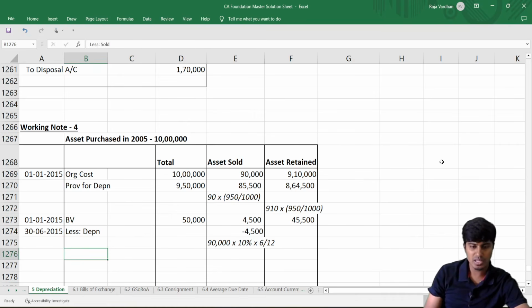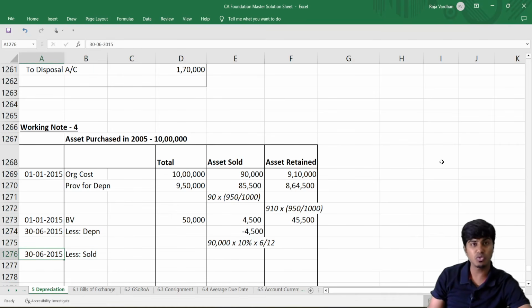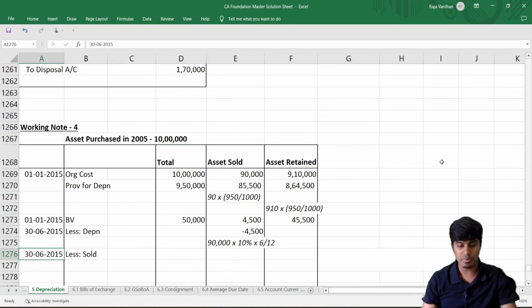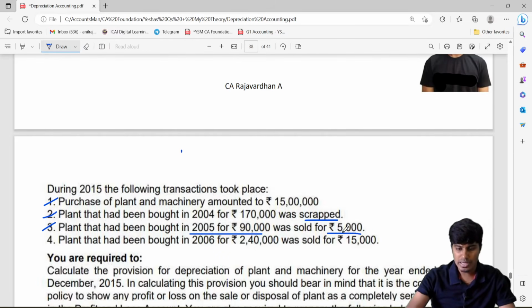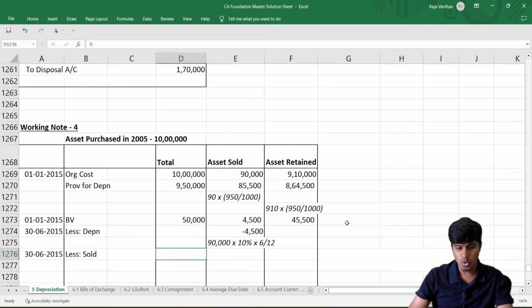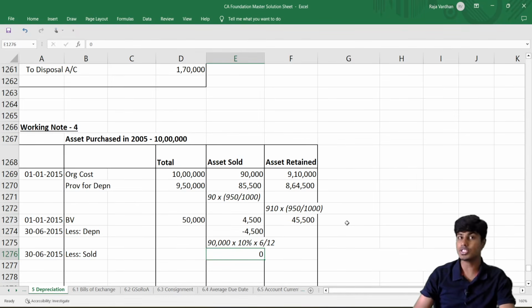The balance part of the asset is sold, 4,500 minus 4,500 is 0. So the book value of the asset has become 0, and this asset is sold for what value? It is sold for 5,000. So the book value of the asset sold is 0, the asset is sold for 5,000. Can I say the entire 5,000 is my profit?